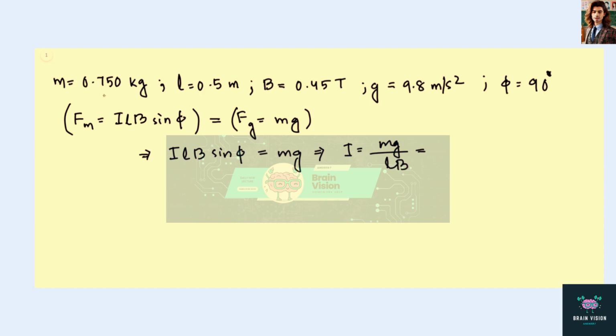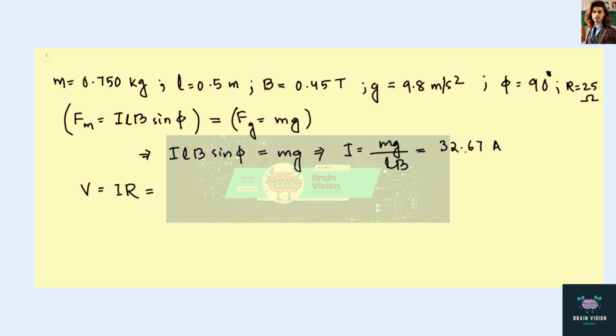We solve this using the values up here and we get this current to be 32.67 amperes. Now we can find the voltage, which will just be equal to I times the resistance, and resistance is given to be 25 ohms.